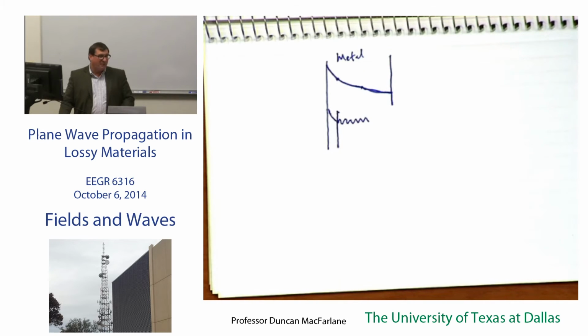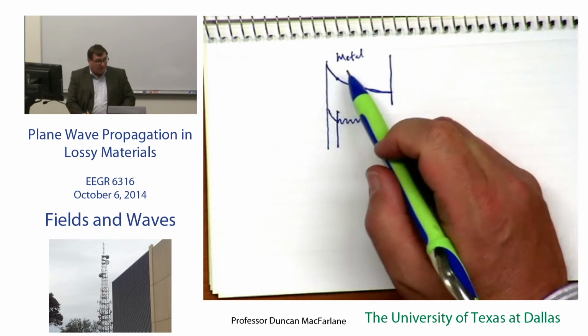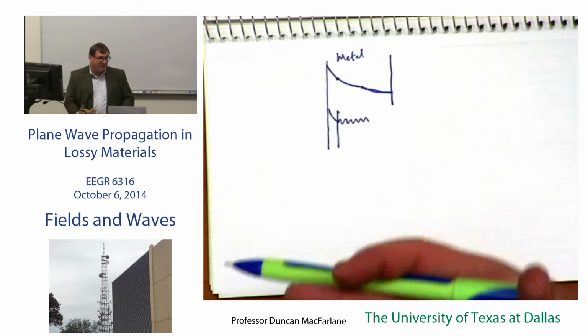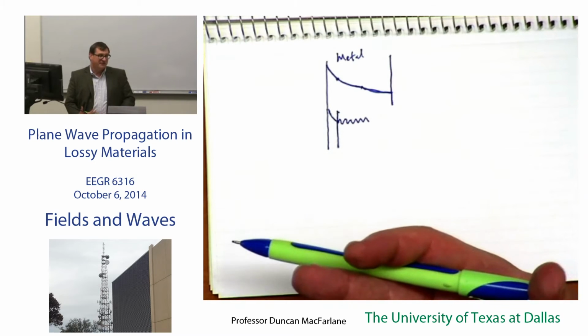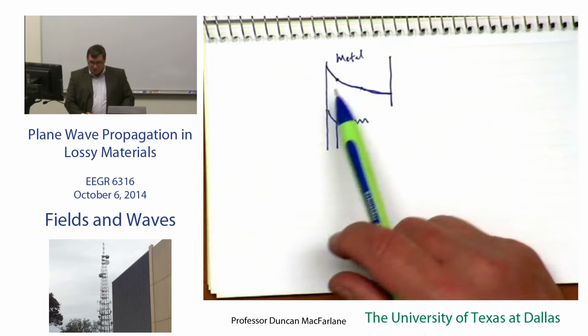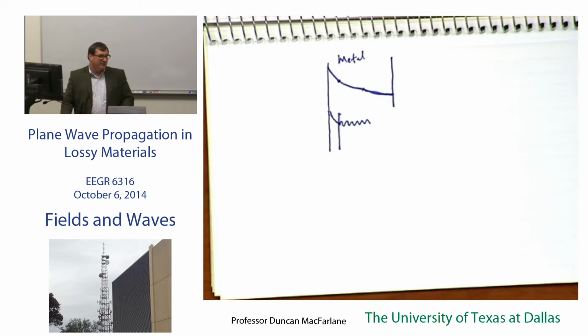My field can just propagate, or I think it's sometimes called tunneling through the barrier. Okay? So the bottom line is, if you want a trace to really act as a trace, like a conductor, you want to make it many times its skin depth, so that you damp your field tremendously.